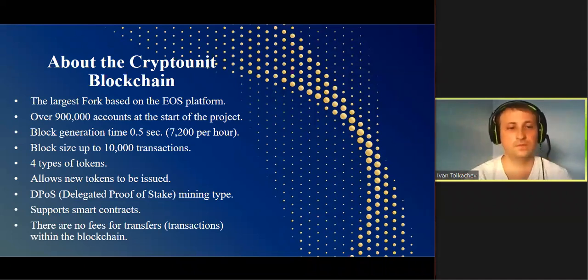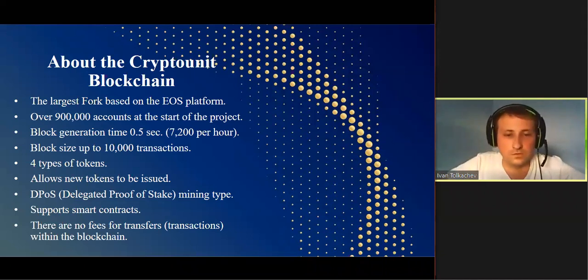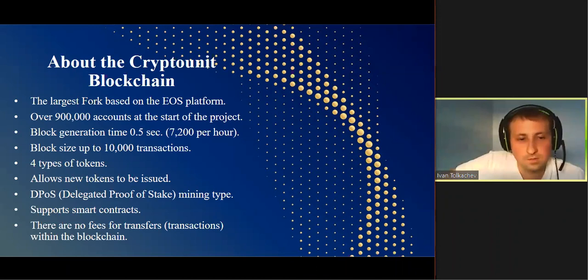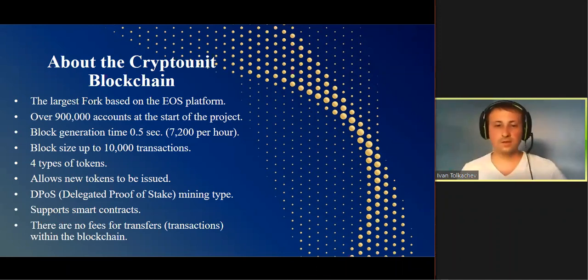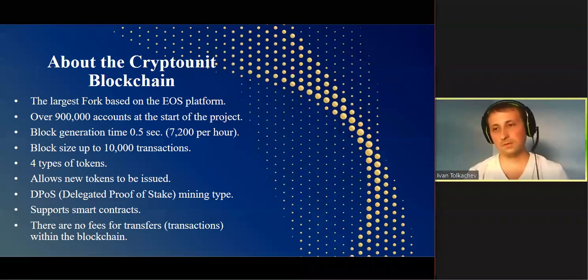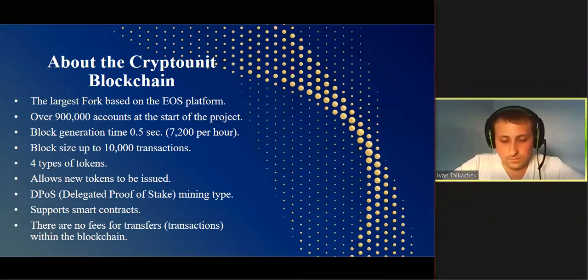First of all, this is the speed: the time for block generation is every half a second on average. Per hour, it is 7,200 blocks, and the block size is up to 10,000 transactions. If you compare it to the blockchain of the first generation, Bitcoin-based, I looked it up today: in the Bitcoin-based blockchain, one block is generated in 10 minutes.